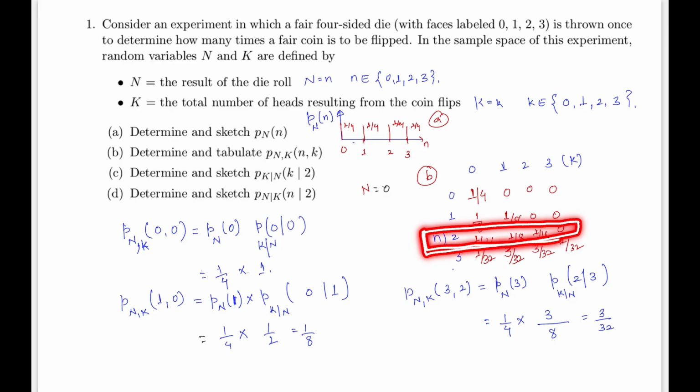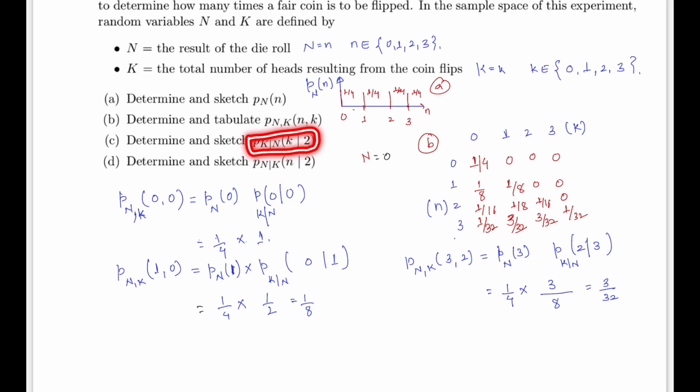In this conditional universe I have to find the probabilities that random variable k takes the value 0, 1, 2 and 3. This will be a function of k once we have fixed the value of n. Let's try to determine this conditional PMF.